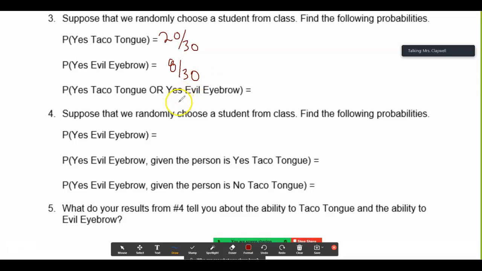Now let's think about yes, taco tongue, or yes, evil eyebrow. There were students that could do both of them. So I'm going to think of it as the probability of yes to taco tongue, plus the probability of yes, evil eyebrow, minus the probability of both.